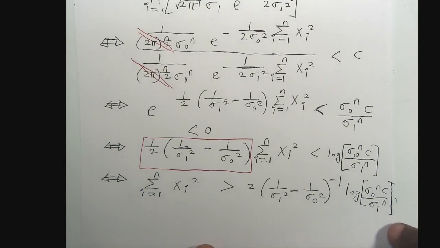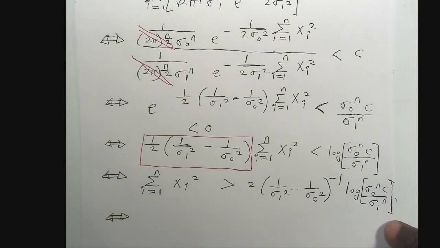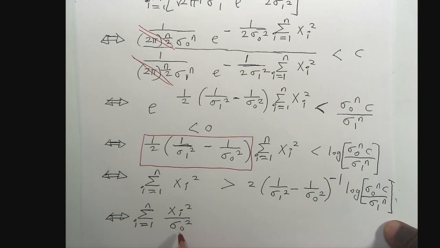This is what you get, okay? And the final step, in order to match up with the answer that we are looking for, is we need to have a sigma 0 squared in the denominator, right?